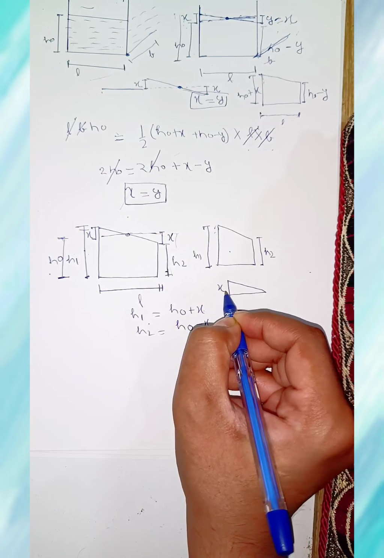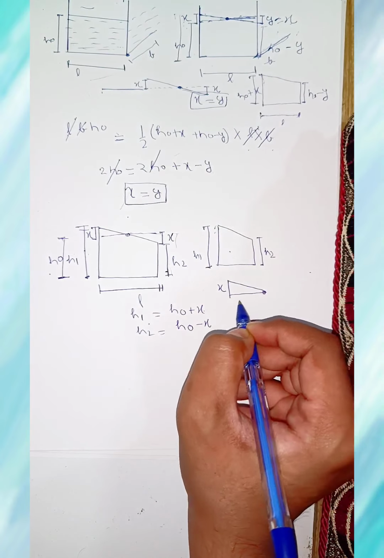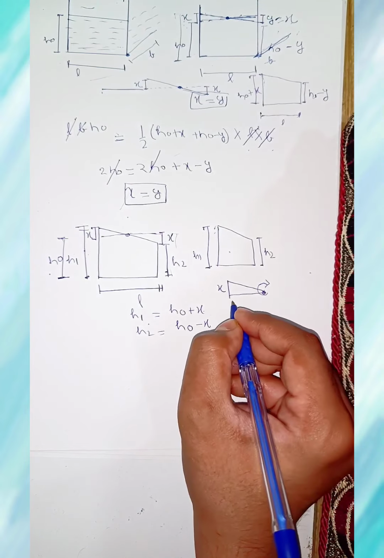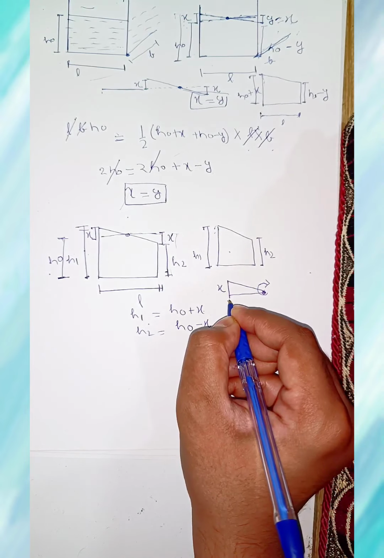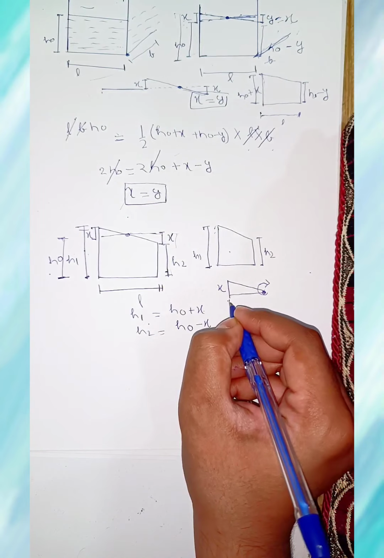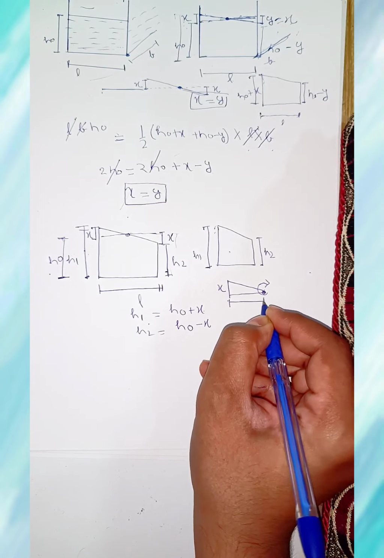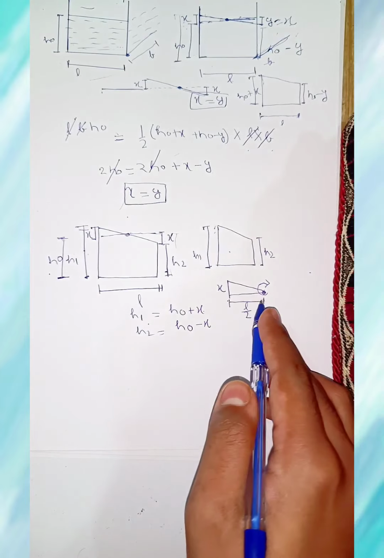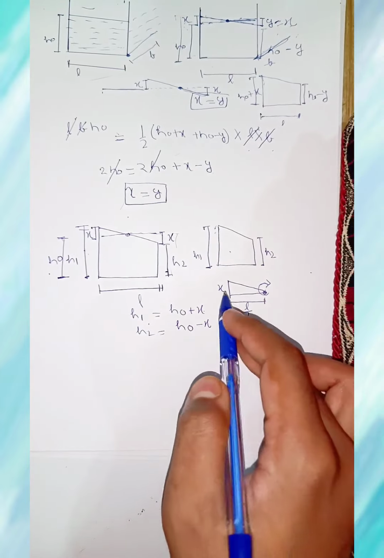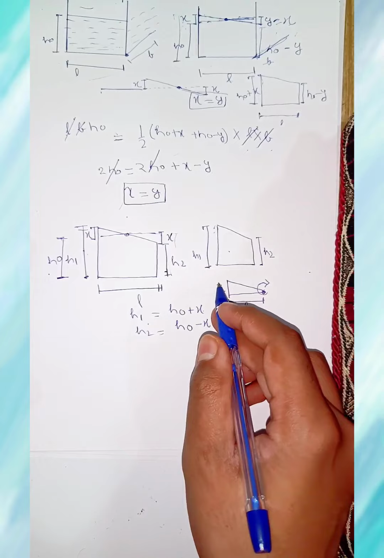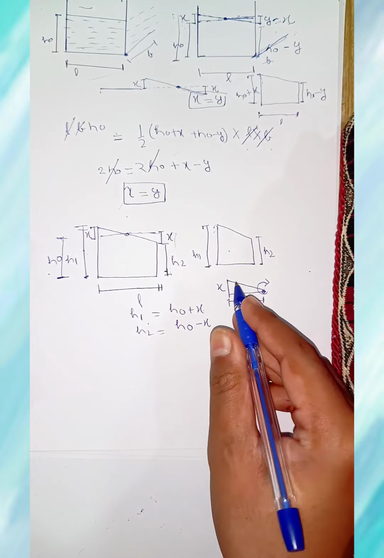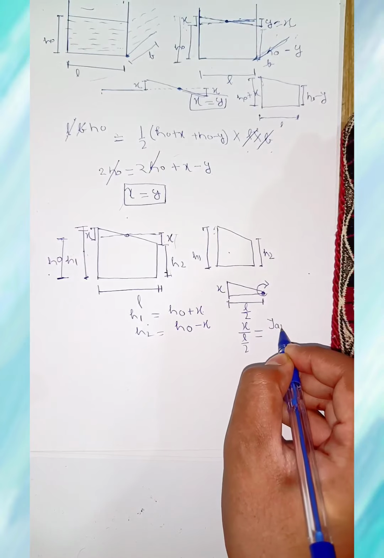This was our x, and this is the point about which the water has rotated, and we know this point is at a distance of L by 2 from this side of the vessel section. So clearly x divided by L by 2 in this triangle is tan alpha.